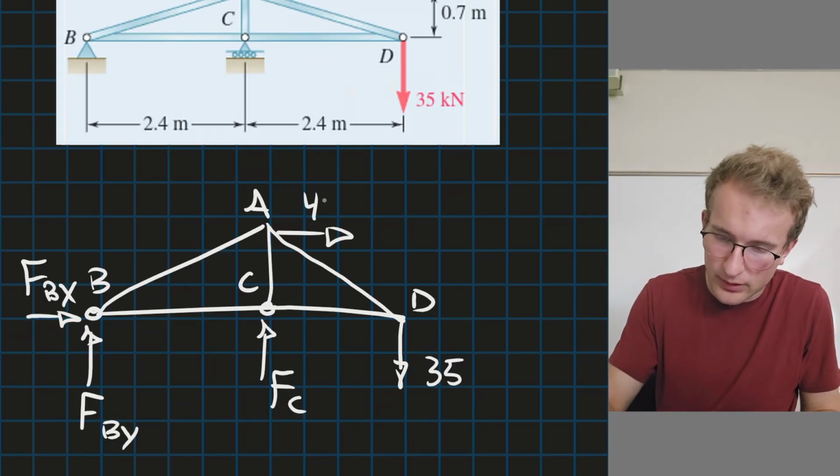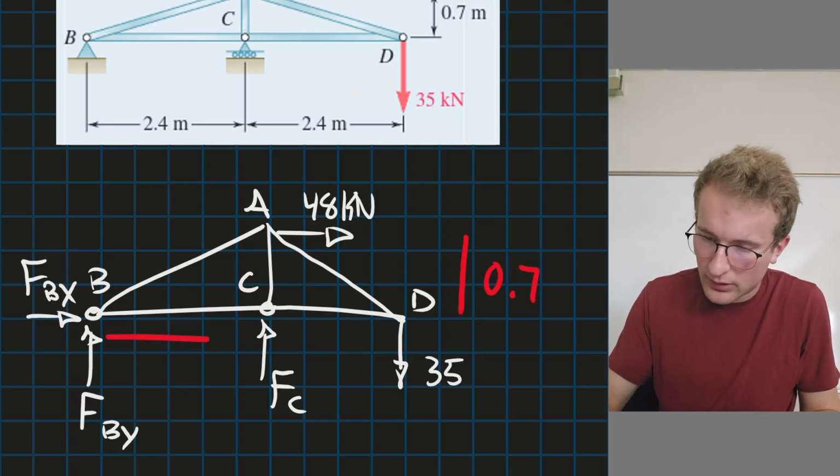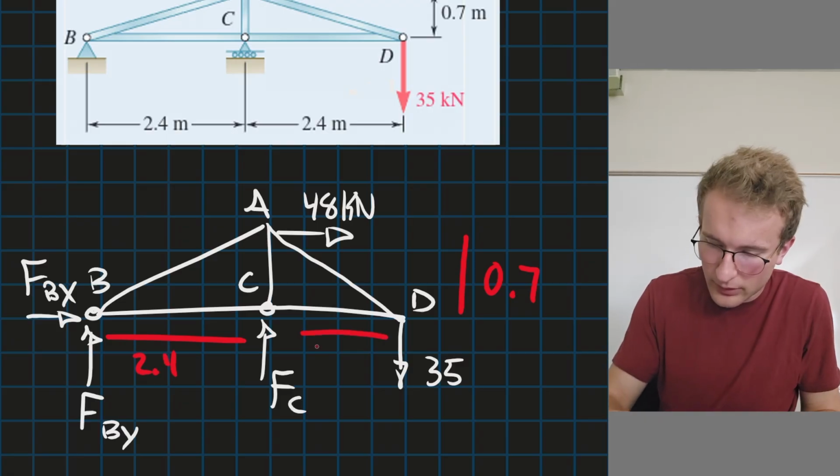We have this load here. This length is 0.7, 2.4, 2.4.